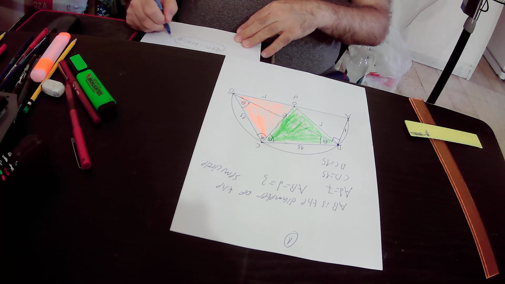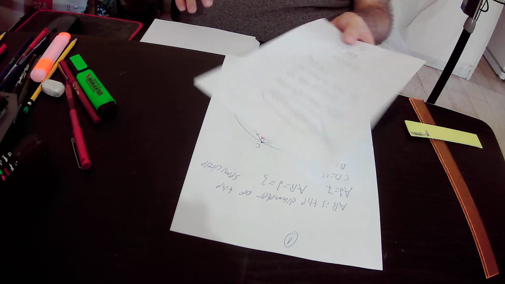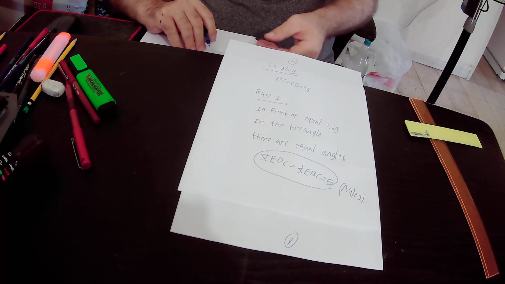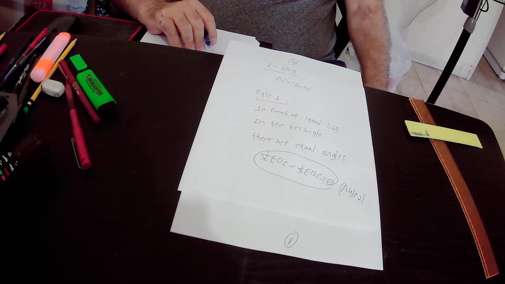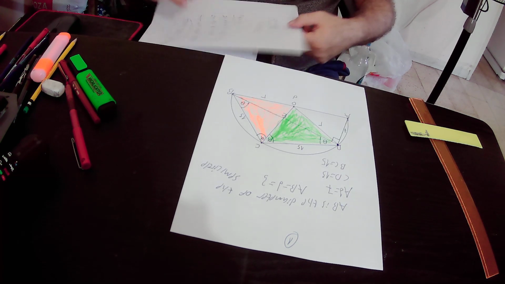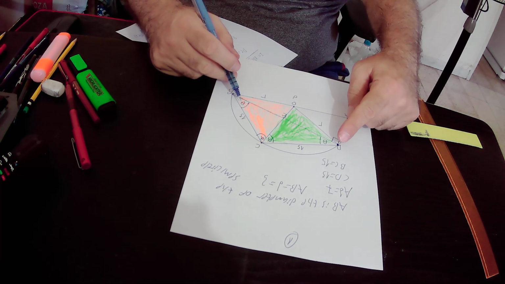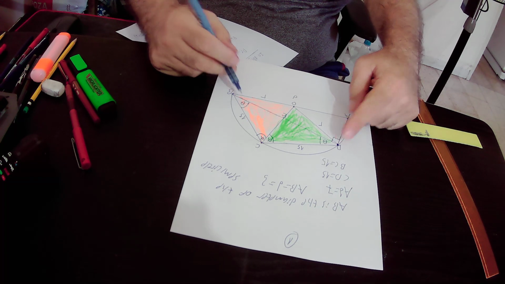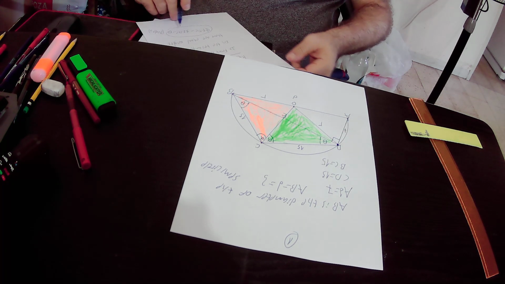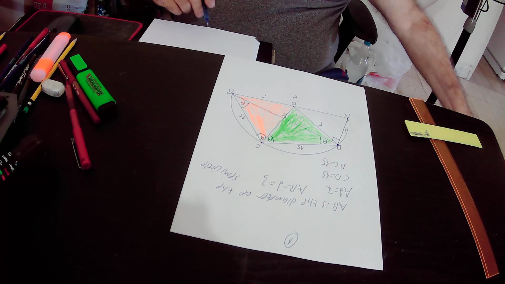Again, angle EDC equals angle EBC equals theta. Those two angles are equal to each other and both are equal to theta, according to rule number 2.